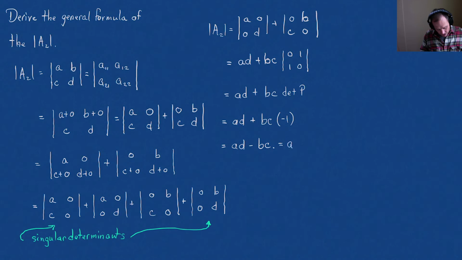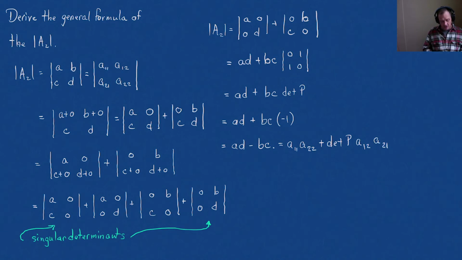This is really A11 times D, which was in the 2, 2 position, plus we had a determinant of P times B, which is the 1, 2 position, times the C, which is 2, 1.